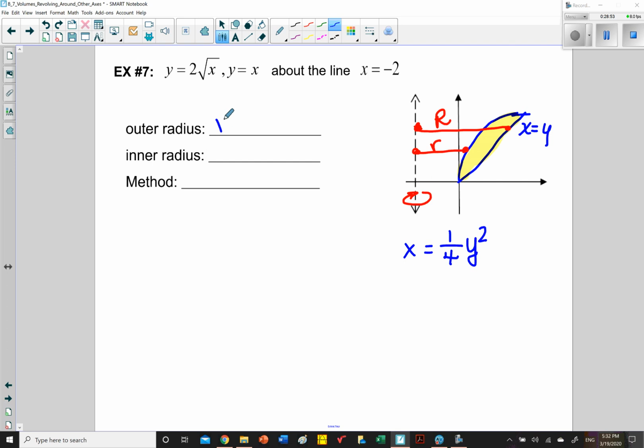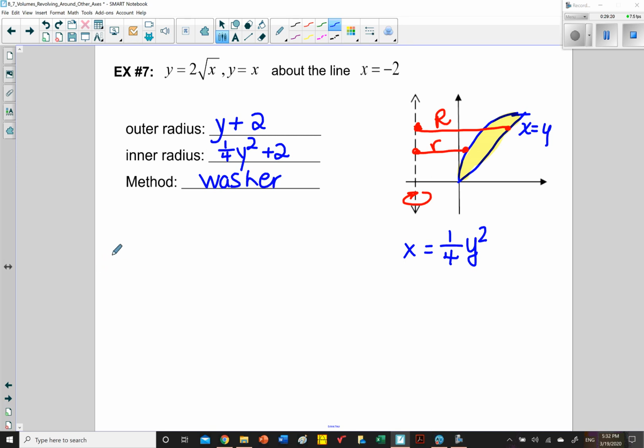Y minus -2 is our outer radius, so y plus 2. And the inner radius is 1/4 y squared minus -2. It's a washer method.